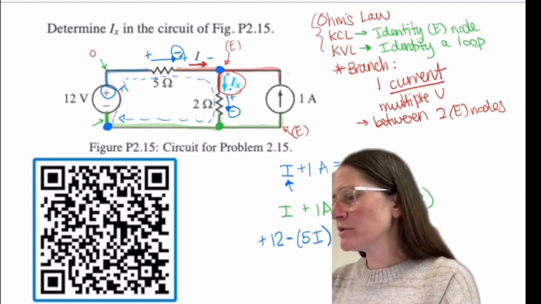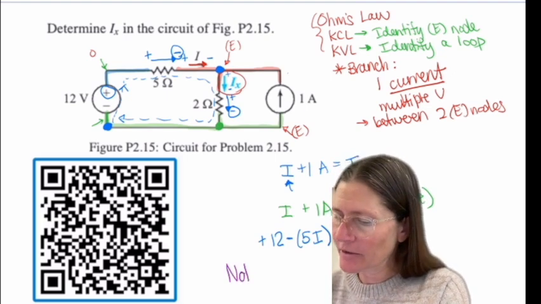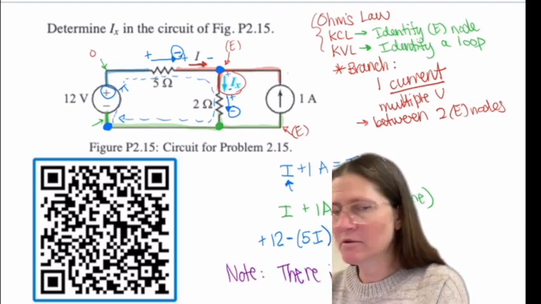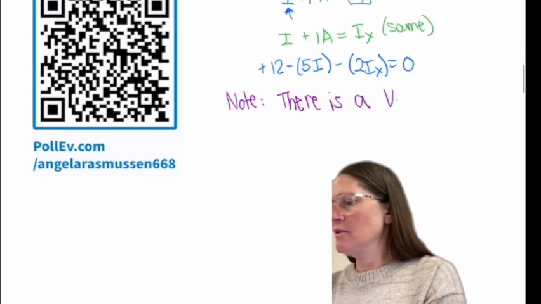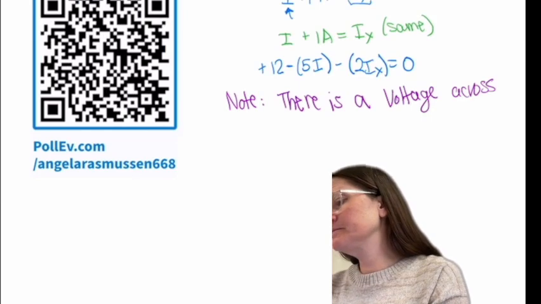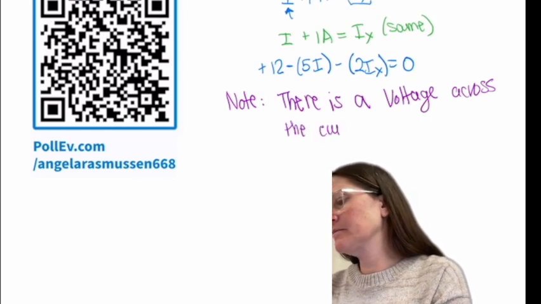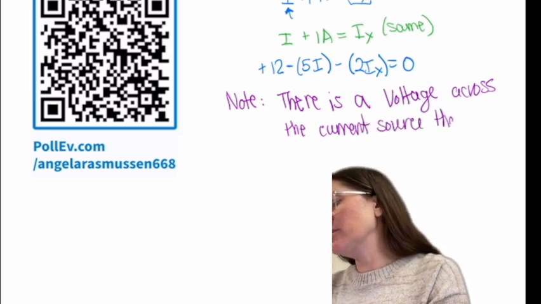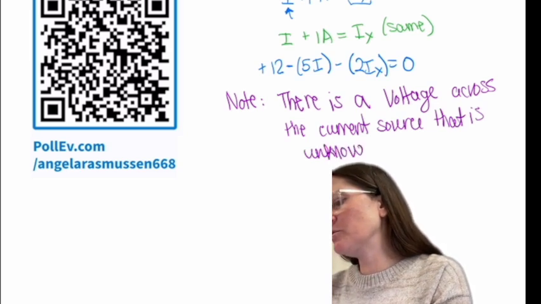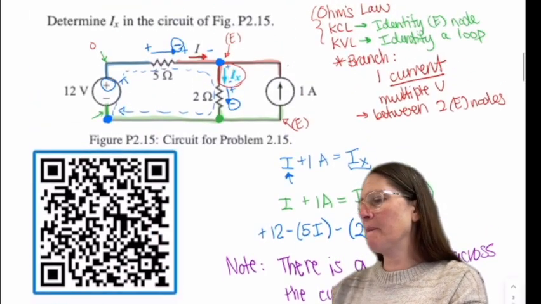A side note is that there is a voltage across the current source that is unknown. So you cannot assume that the voltage is 0 there.